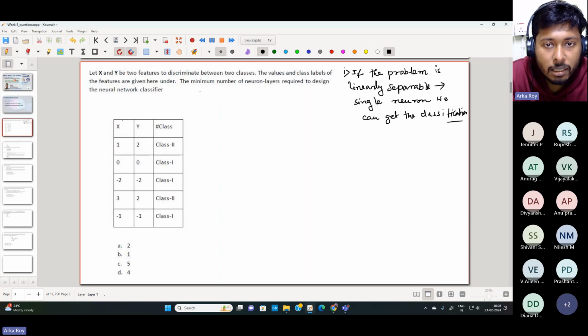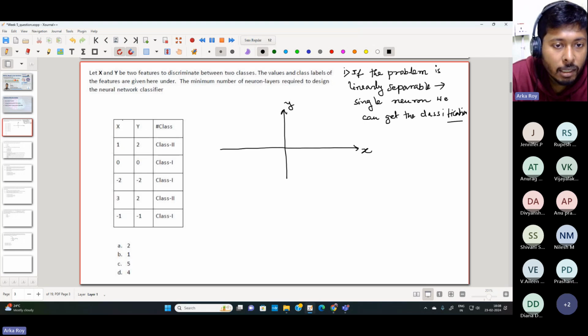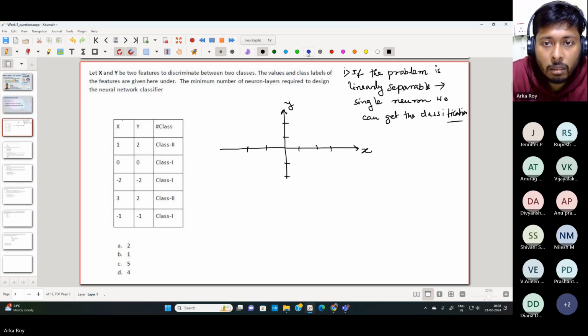Given this particular assumption, let us first try to draw the feature plane. X and Y, and let's draw the grids. Over here, 1, 2.